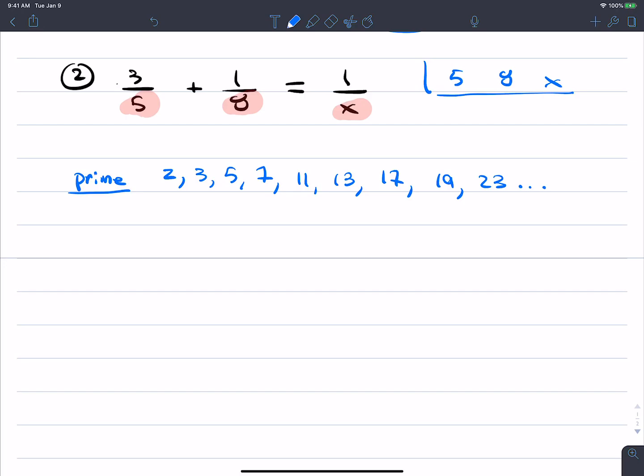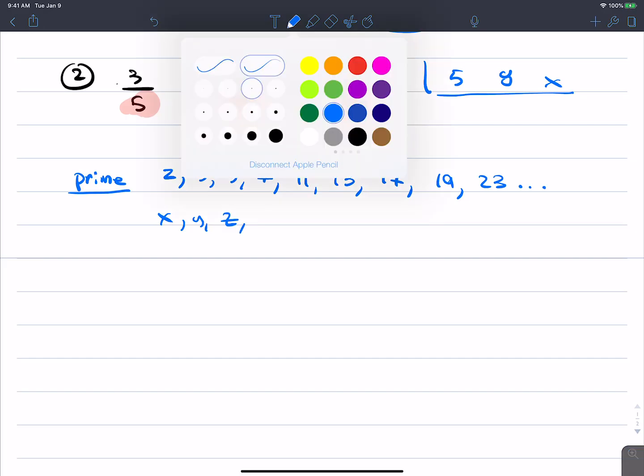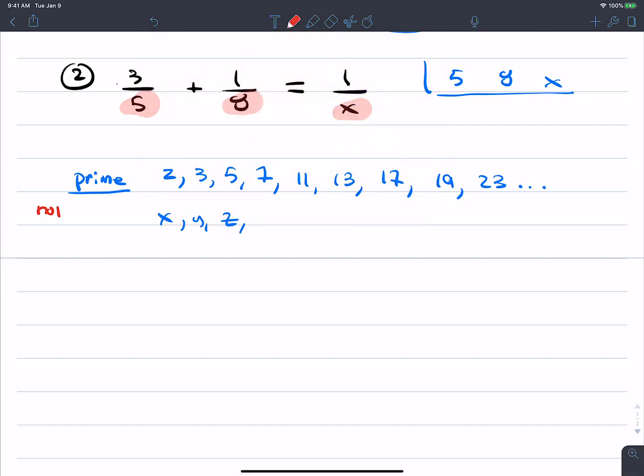Now, this is when we have numbers. What about the variables, though? Remember the variables? We said x, y, anything that's not factorable, right? Because that's what prime really means again. It means not factorable.